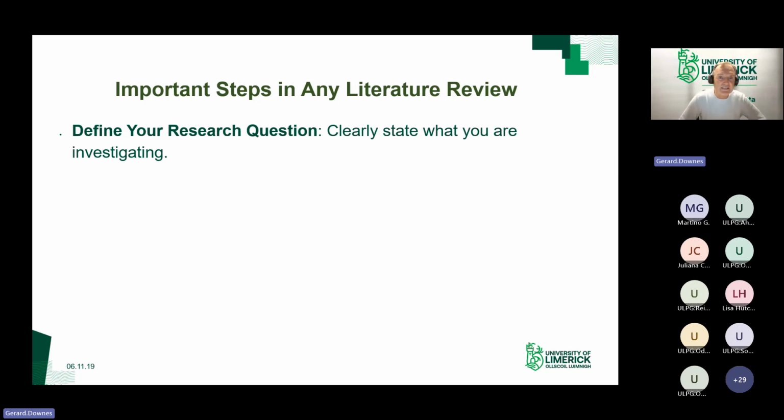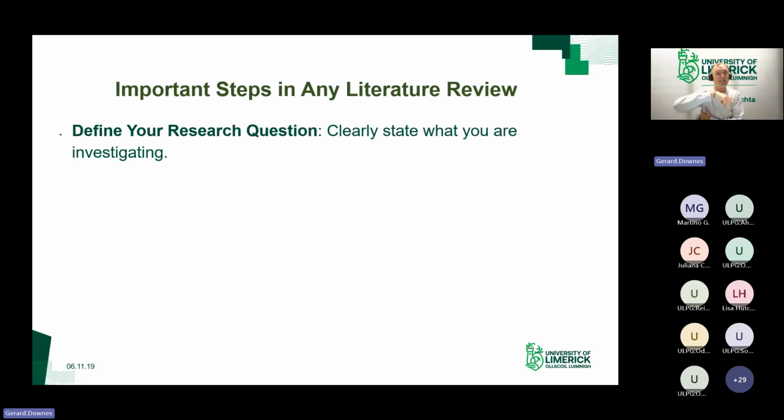So first of all, I would say that a fundamental step in any literature review is to define your research question. Now, defining your research question and finalizing a research question is such an iterative process.